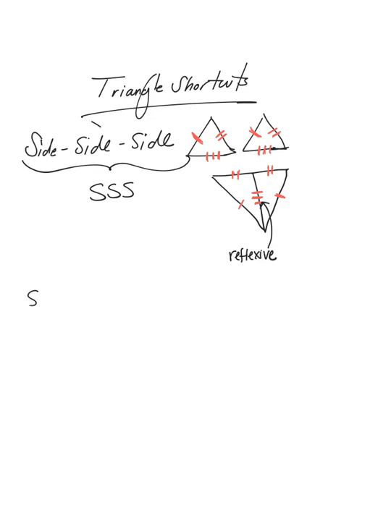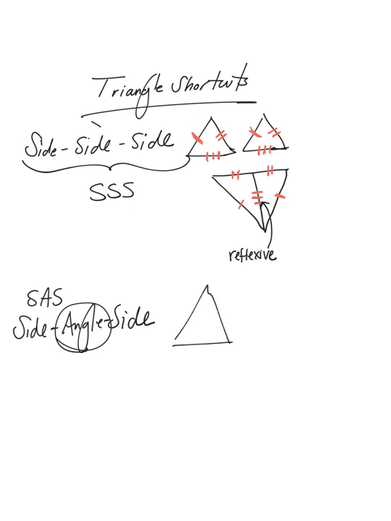The next one we have is side, angle, side. Let me write it out. Side, angle, side. Now, it looks just like it looks in words. We have a side, we have an angle in between them and another side. So let's draw our two triangles.